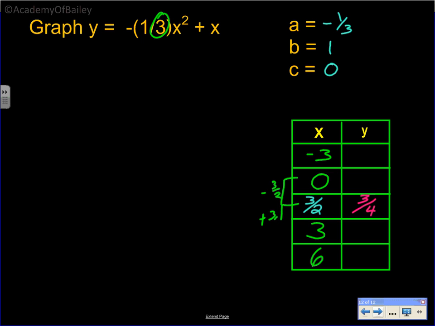And the distances between these two are the same, because from 0 to negative 3 would be minus 3, and from 3 to 6 would be plus 3. So these distances are the same, and these distances are the same. Therefore, the distance from the vertex to there must be the same as the distance from the vertex to negative 3.